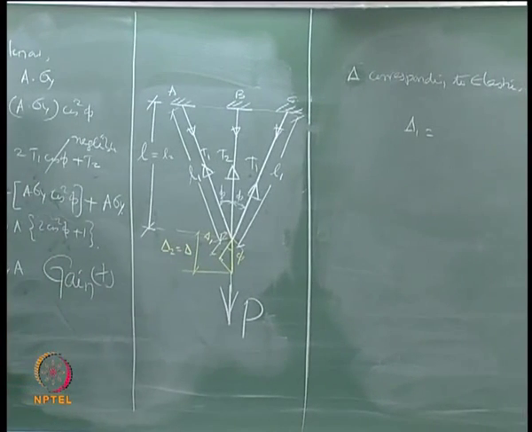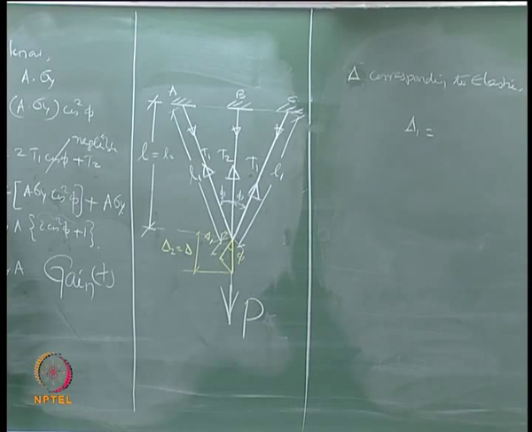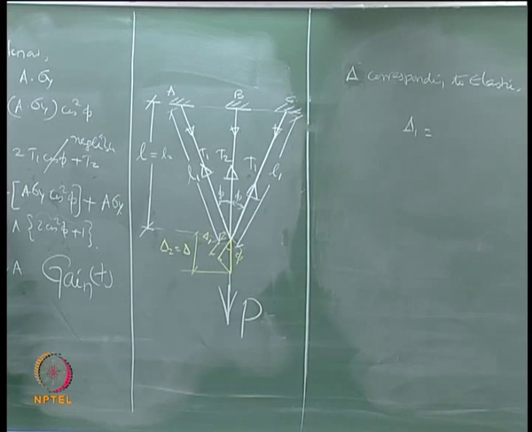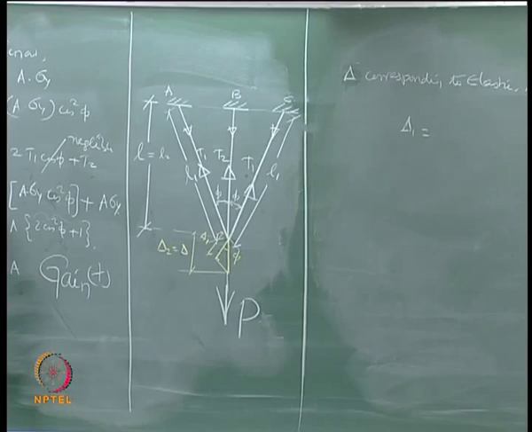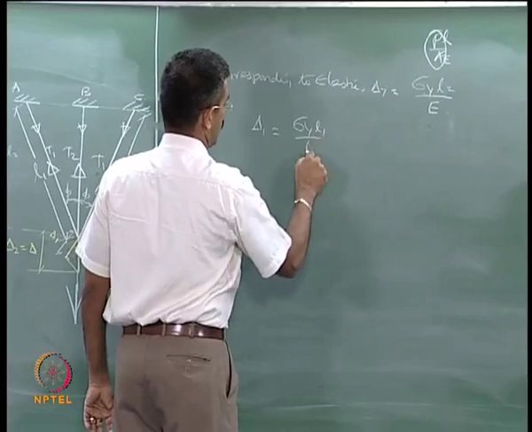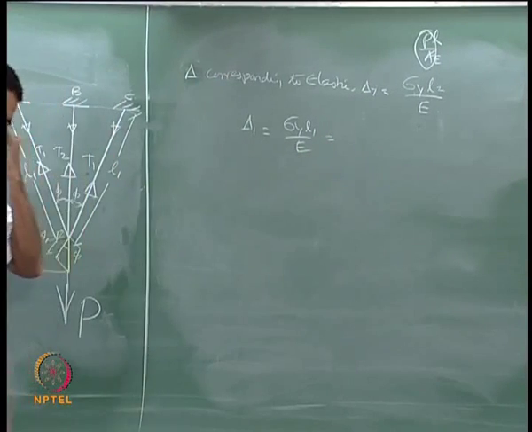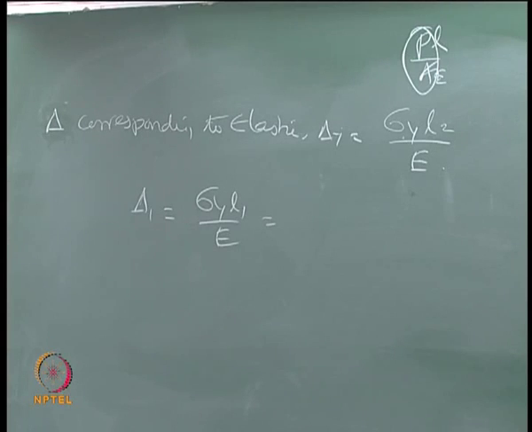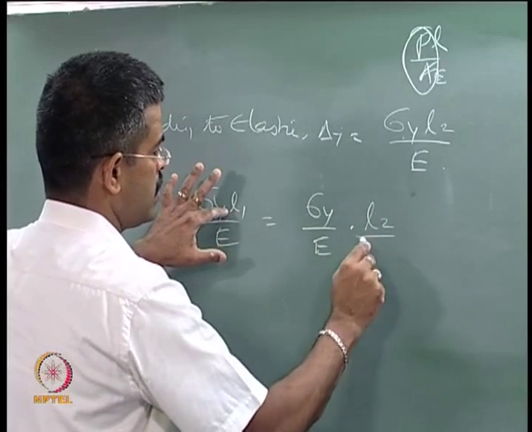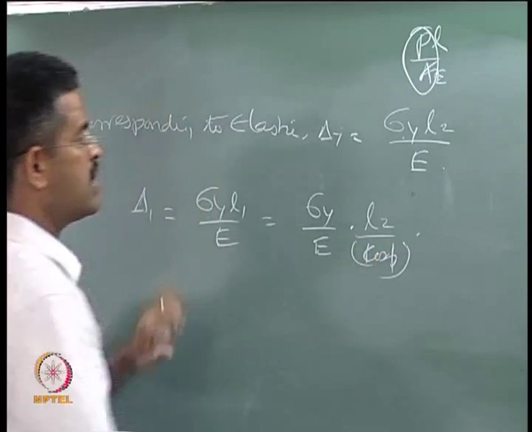Delta 1 is nothing but sigma y L1 by E. I can also say this as sigma y by E, instead of L1 I can say L2 by cos phi, can I say that?